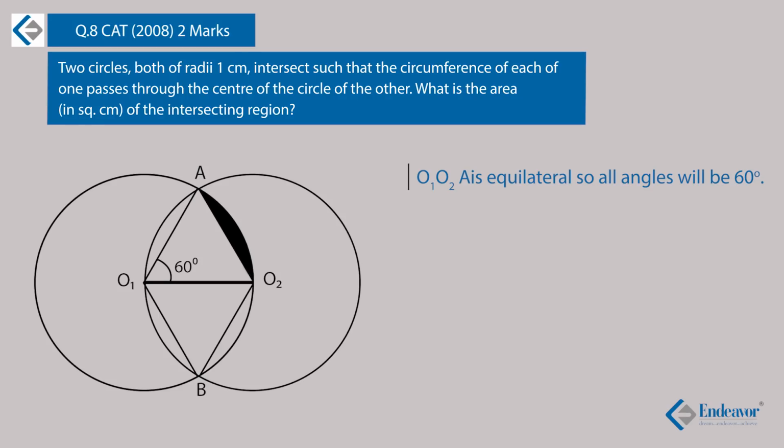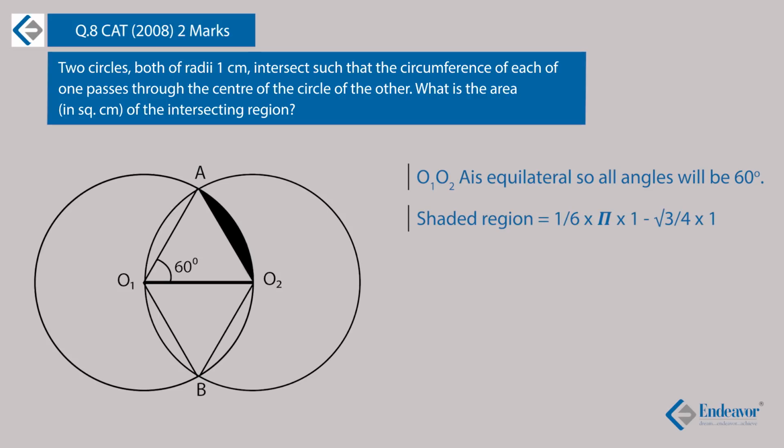So the area of the sector is 1 by 6 times pi times 1, because 1 is the radius, and from that we are subtracting root 3 by 4 times 1, again because 1 is the length of the side of the equilateral triangle. So I get the area of the shaded region.